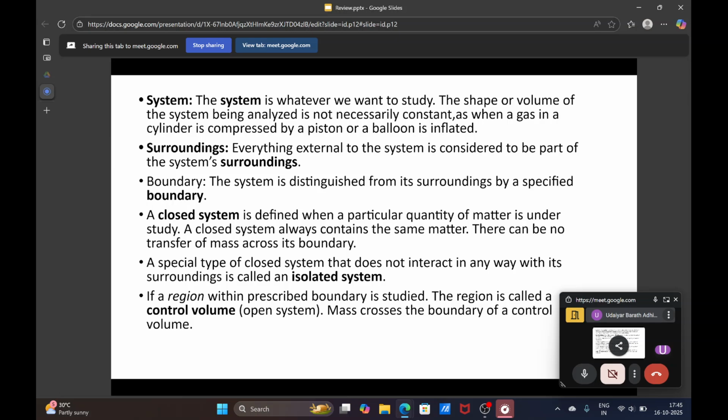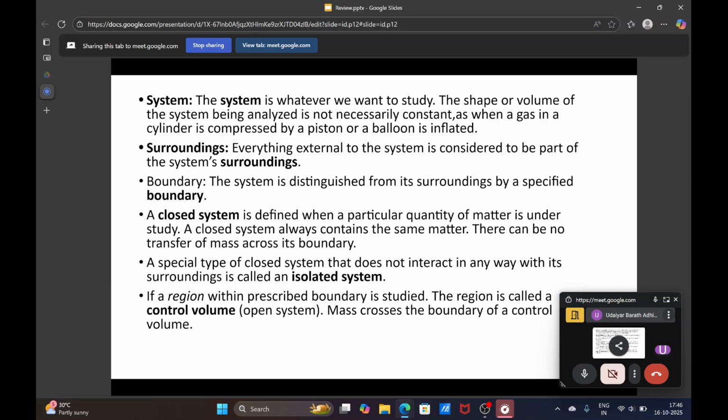A closed system is also called a control mass system, where your mass remains the same. An example is all the piston displacement problems we saw, or a tank with some gas filled in. That is your closed system. This closed system has no mass transfer, and there can be heat transfer, based on whether it is insulated or not.